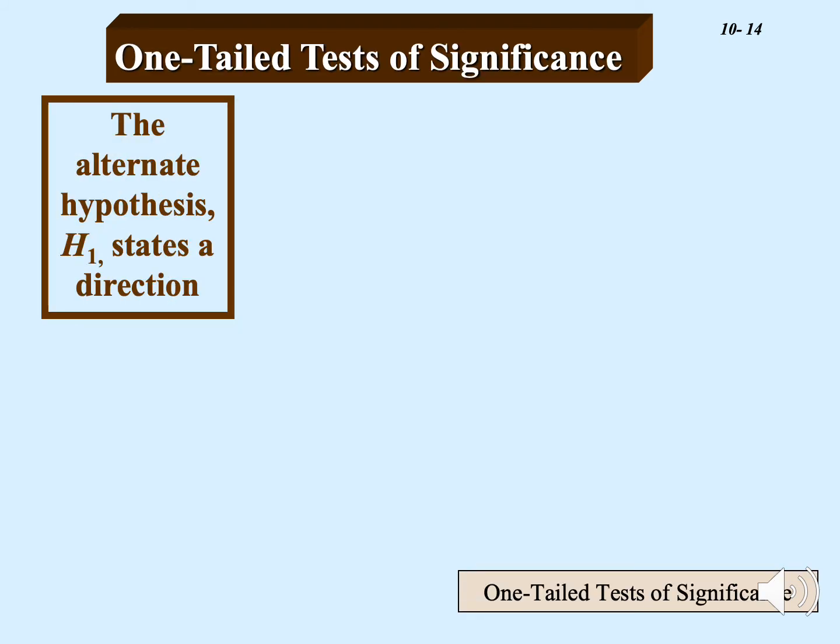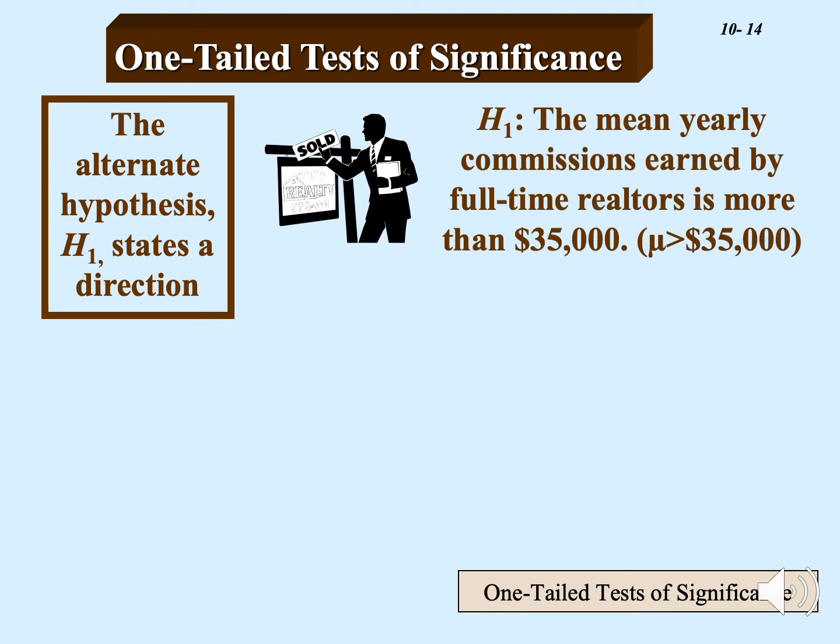Then we have this one-tailed test of significance. That's the one I told you. The alternate hypothesis states a direction, so that's the one greater than or less than, so that's one-tailed, one-directional. Just like this one: the average yearly commissions earned by full-time realtors is more than 35,000 US dollars. So that means more than, so greater than 35,000.